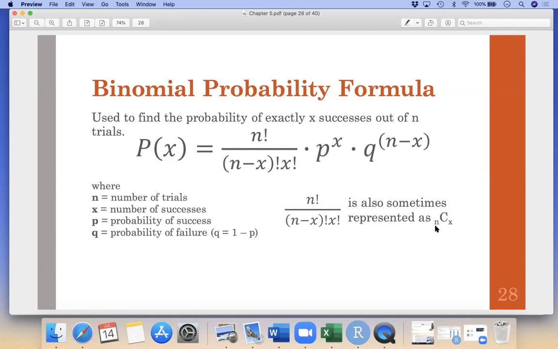What is this? n choose x. This is about combinations. Okay, so n choose x. If you see this or instead of this, you have to know both are the same. n choose x means this one, okay?